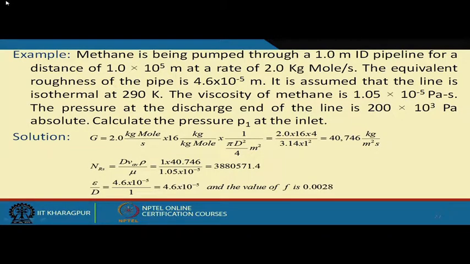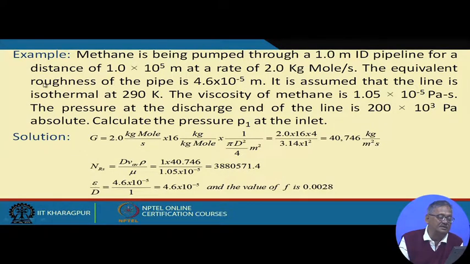So we said that we will do some problems so that the understanding of the use of the equation can be more effective, right? So let us look into one. Methane is being pumped through a 1 meter ID pipeline for a distance of 1 × 10^5 meter at a rate of 2 kg moles per second.